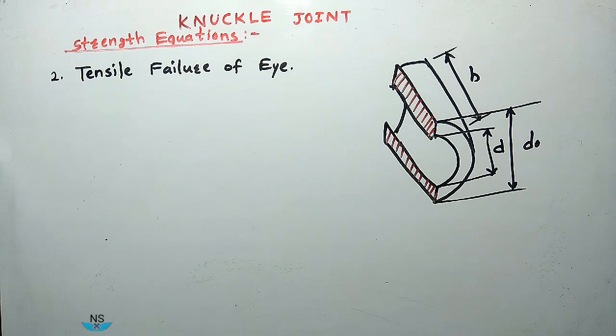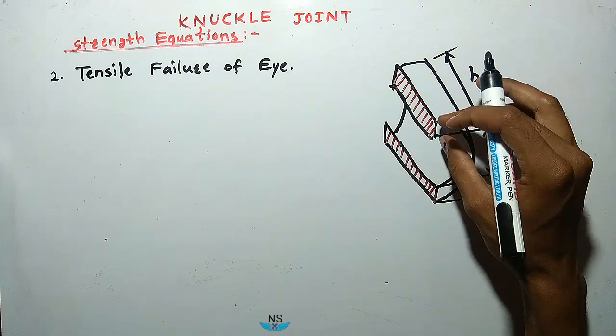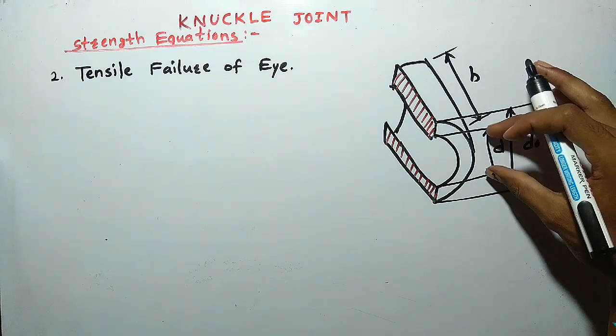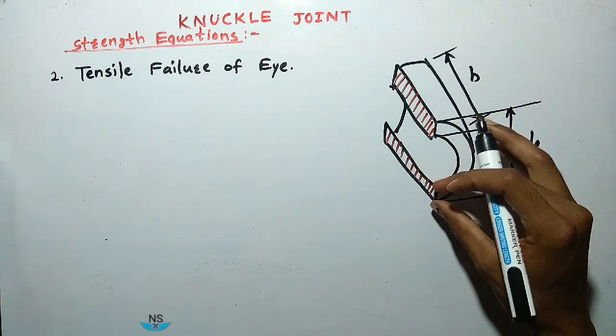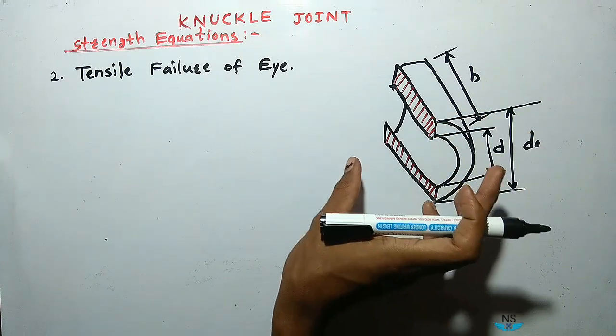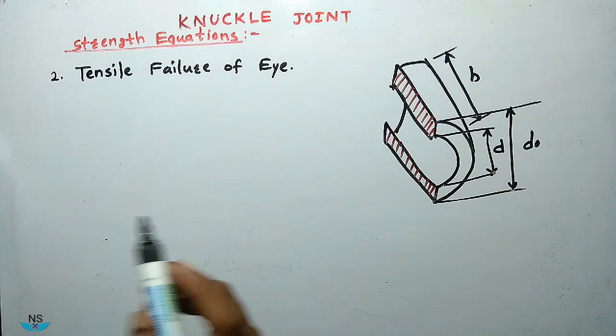So what is this dimension? D naught minus D, this much is remaining. So this much into B is the area of failure.